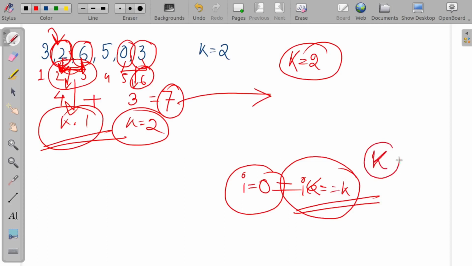So k is a changing parameter, and I have to check every value.